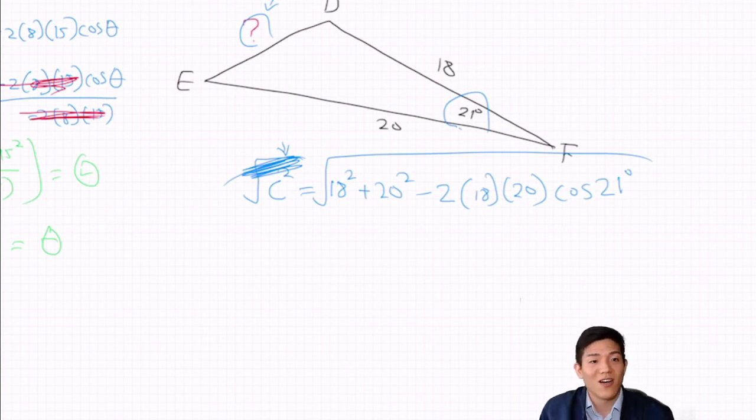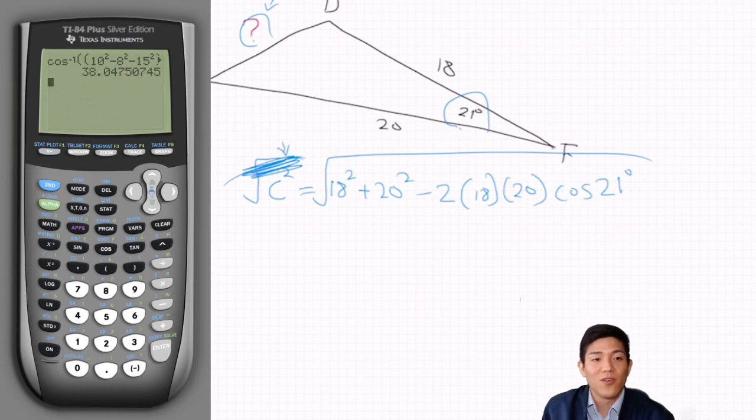Wow. So let's see how that works if we plug that into our calculator. Okay, there it is. So I put square root, where's the square root? Right there, square root of 18 squared plus 20 squared minus 2, I'm going to use a parenthesis, 2 times 18 times 20 times the cosine of 21, and close that parenthesis.